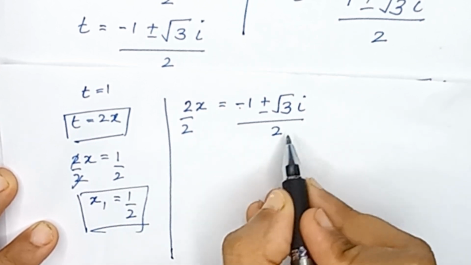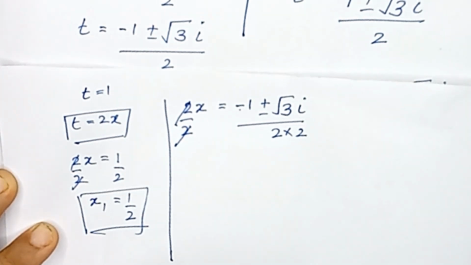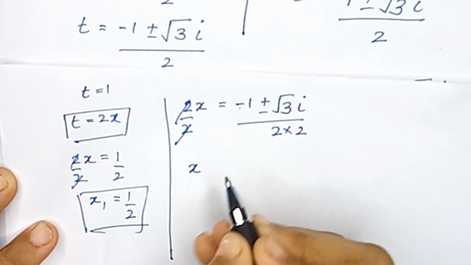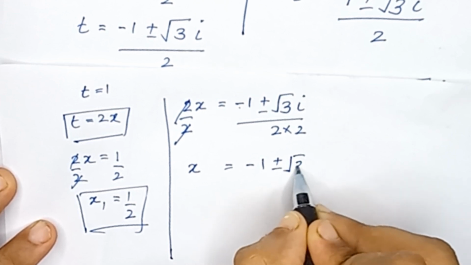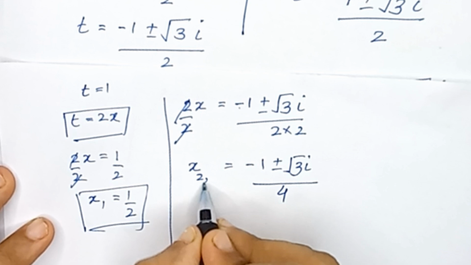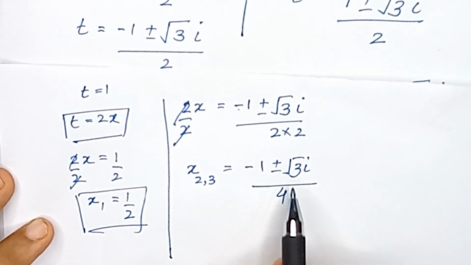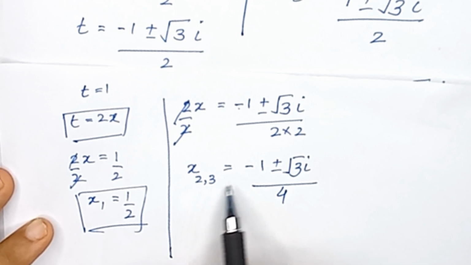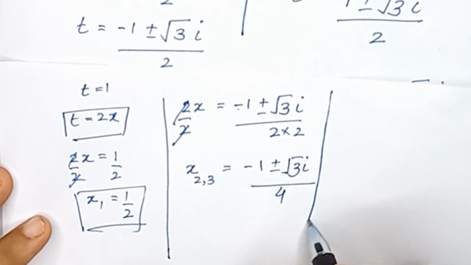Dividing by 2 on both sides to find the value of x, this 2 and 2 will be cancelled out. x will be equal to minus 1 plus minus square root of 3 iota, divided by 4. So these are the other two values of x. The second value is minus 1 plus square root of 3 iota divided by 4, and the third value is minus 1 minus square root of 3 iota divided by 4.